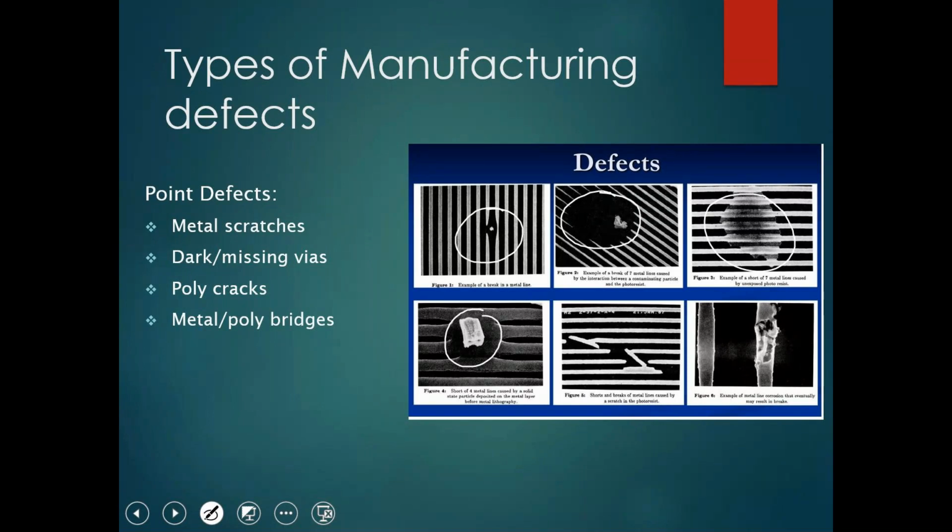So breaks or short connections can happen like this. There can also be a corrosion effect. What if the metal property is broken in such a way that the metal has a corrosion effect, which will eventually result in breaks? So many types of defects are possible during manufacturing. All these will lead to a wrong output or wrong functionality of the device.